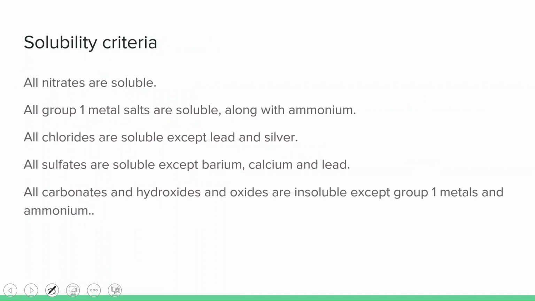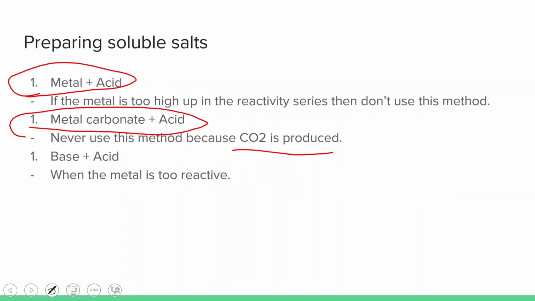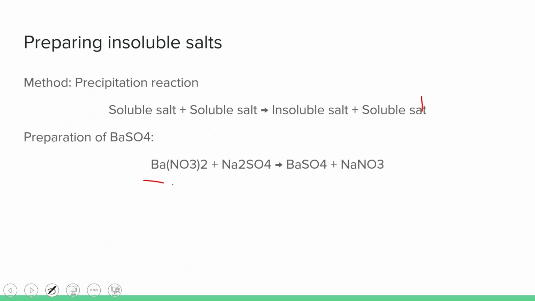If you look at this over here, it says that all nitrates are soluble. So barium nitrate will therefore be soluble. Then sodium sulfate is also going to be soluble because all sodium salts are soluble. And then you get barium sulfate.